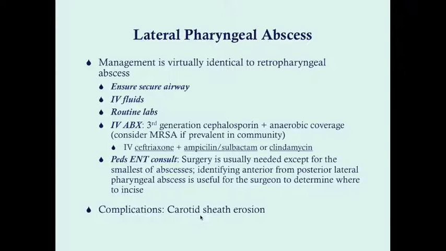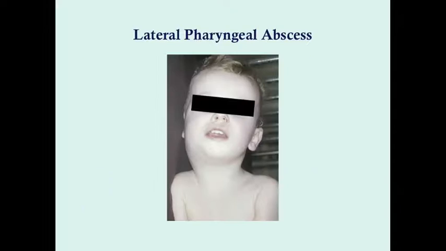Complications here include carotid sheath erosion. Remember that the carotid sheath is part of the border of your lateral pharyngeal space, and so any of these abscesses can come dangerously close to that carotid sheath.